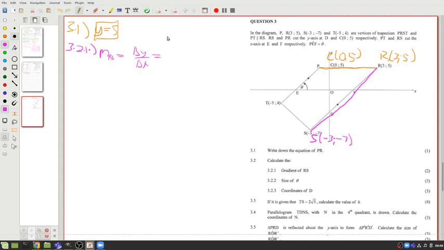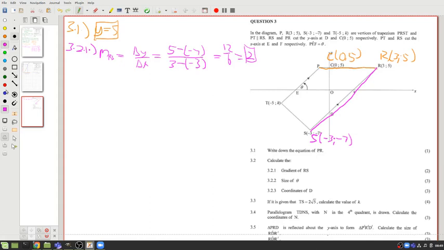Let's start with R. So we got 5 is the Y value for R, minus -7, the Y value at S. And we do the same with the X's, 3 minus -3. And that gives us 12 over 6, which is 2. So there's the gradient of RS.